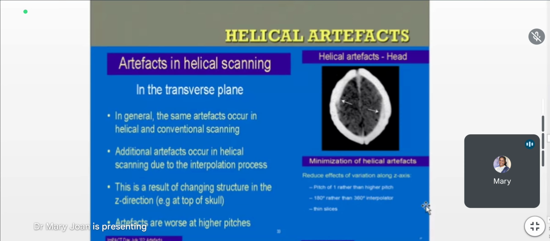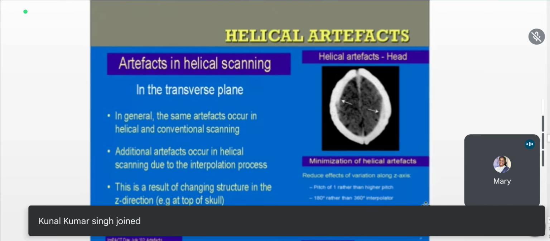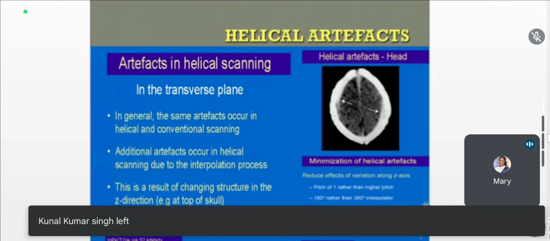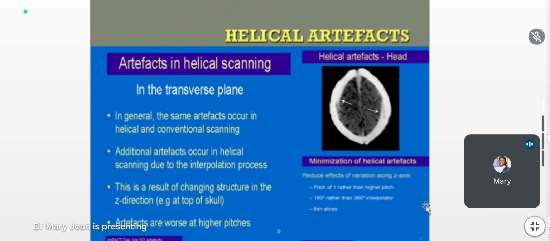Helical artifacts can be minimized by reducing the effects of variation along the Z axis: pitch of 1 rather than higher pitch, 180-degree rather than 360-degree interpolator, and thin slices. All these allow us to reduce the artifacts in helical acquisition or spiral CT.